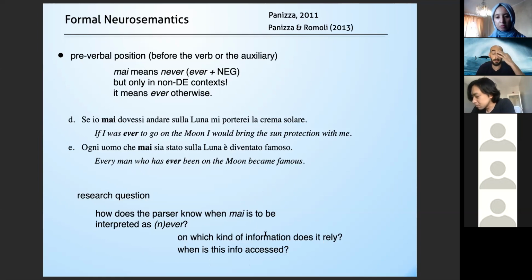Clearly I'm pointing at the answer to the first question: the information that the parser relies on is the logical property of the embedding context, whether it's downward entailing or not. But when the parser accesses the information is completely a mystery. We have no idea. So we ran this experiment.